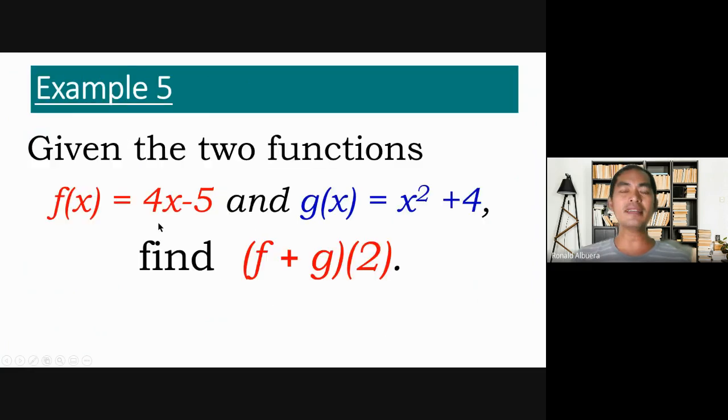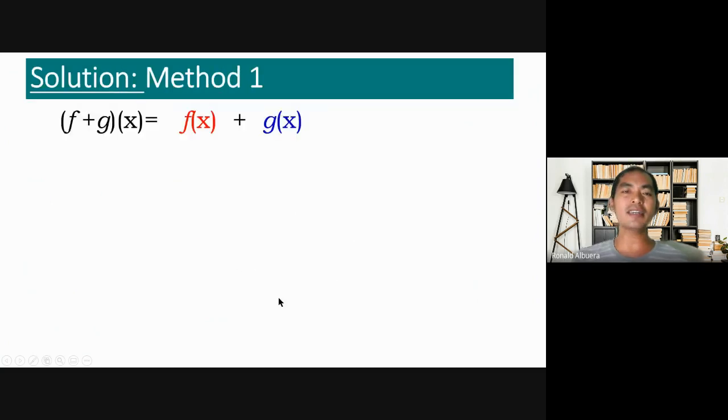Another example. Suppose the given function f is equal to 4x minus 5 and g is equal to x squared plus 4. What is the sum of the functions evaluated at x equals 2? Now we have here two methods. The first method is just add the two functions.